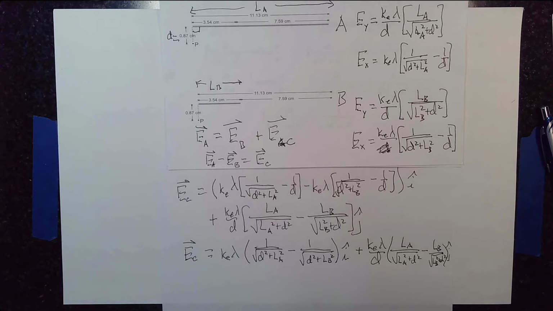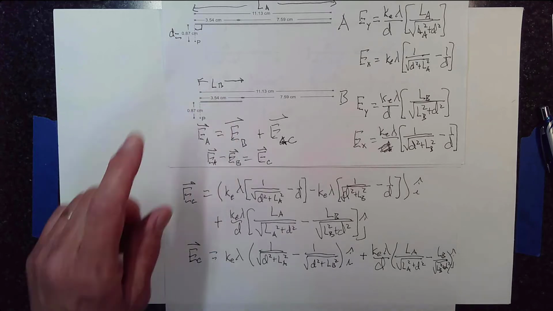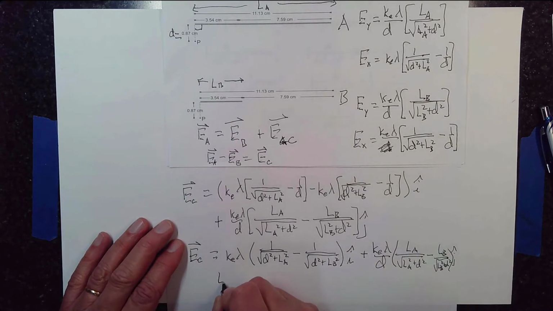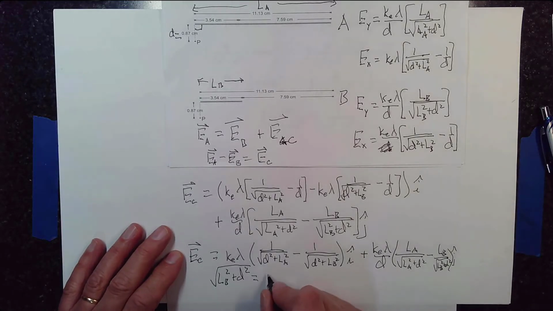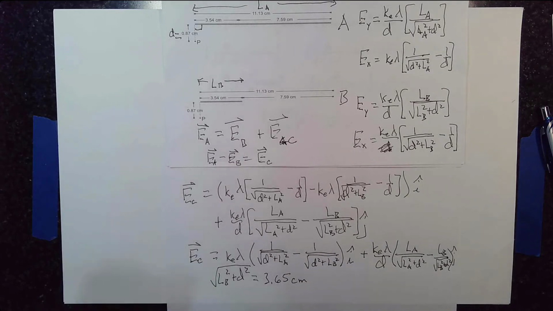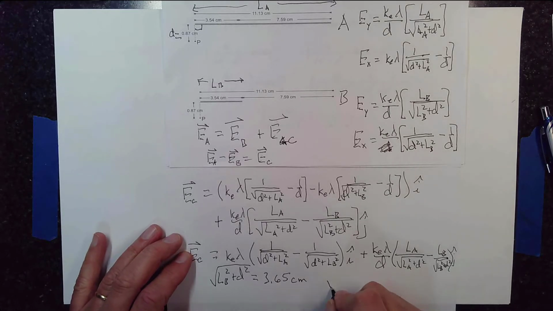Now, I earlier calculated what those values happen to be. The square root of L sub B squared plus D squared is equal to 3.65 centimeters. And when I calculate this time, I think I'm going to convert everything into meters at an intermediate part.